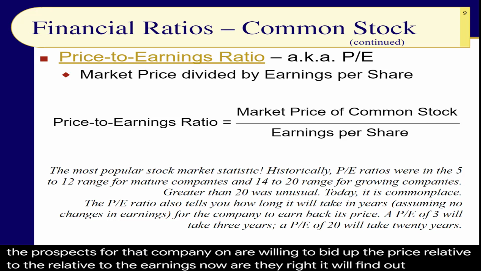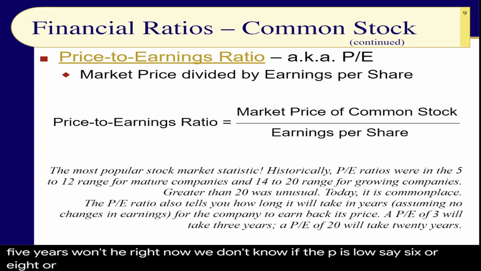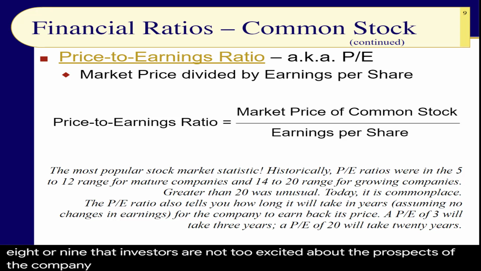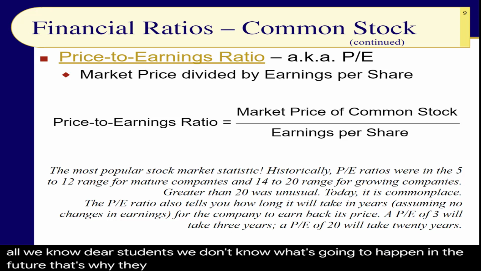We'll find out in 3-5 years, won't we? Right now, we don't know. If the PE is low, say 6 or 8 or 9, then investors are not too excited about the prospects of the company and aren't willing to bid up the price. But that's pretty much all we know, dear students. We don't know what's going to happen in the future. That's why they call it the future.